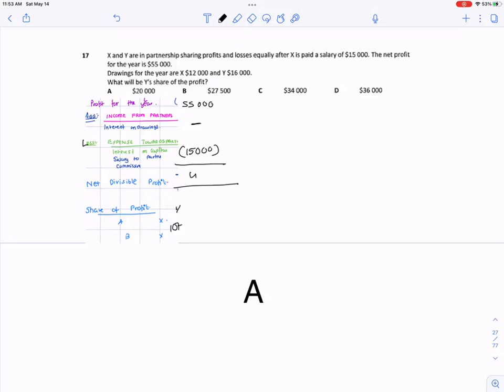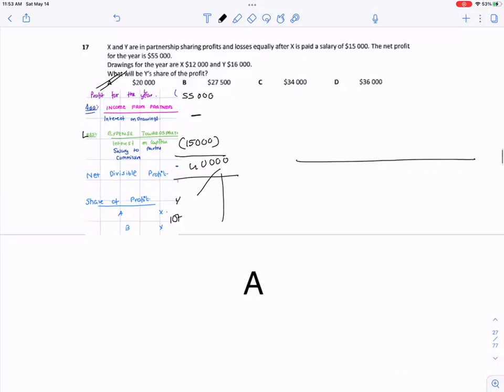All right. Now we will divide 40,000 equally into 2. So the answer is A. So the drawings for the year, we don't need them, right? It is there to confuse you, and it comes in the capital or current account. You should know what comes in which account.